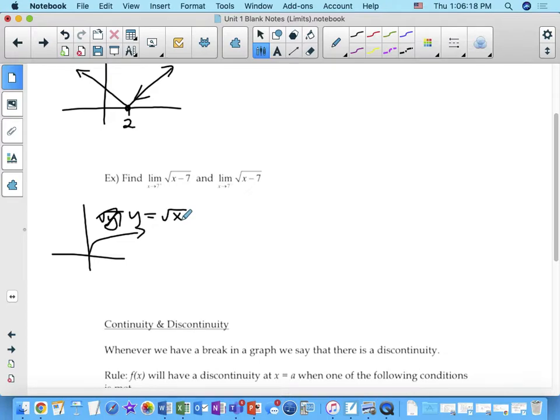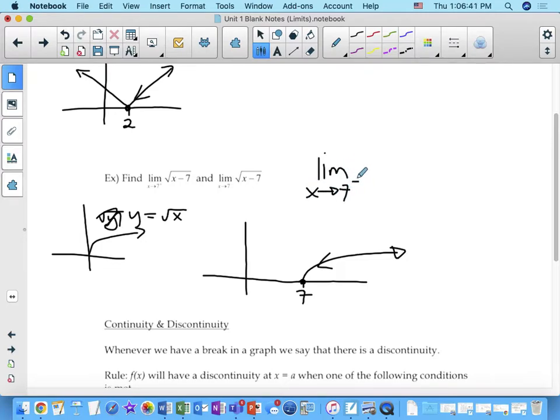Yeah, so this is that function. Okay, so as x approaches 7 from the right, what is that limit? Yes, it's 0, because the function is getting closer and closer to 0.